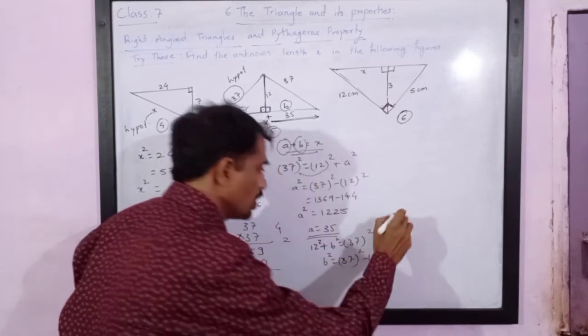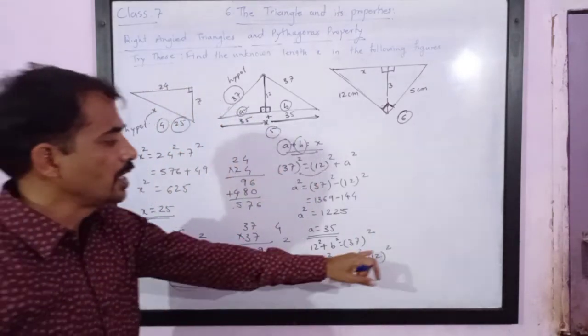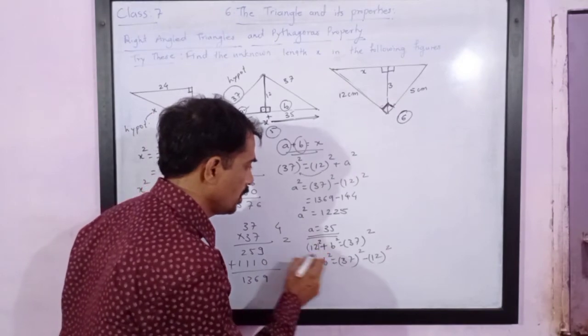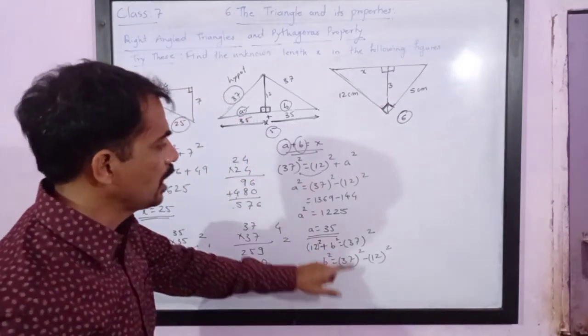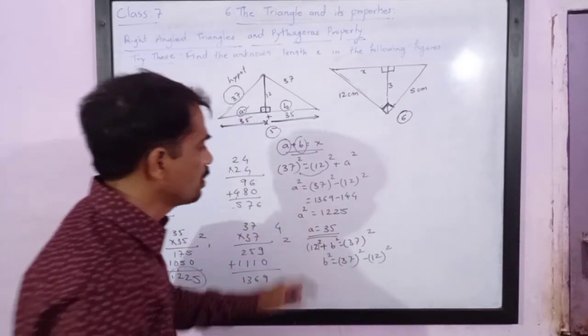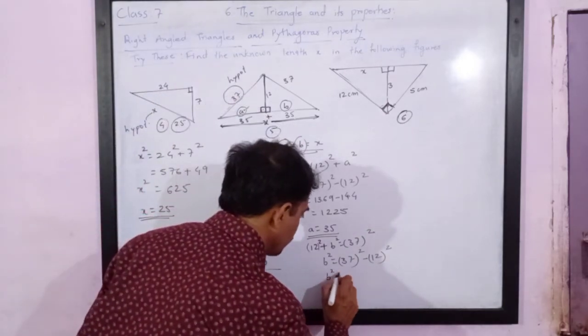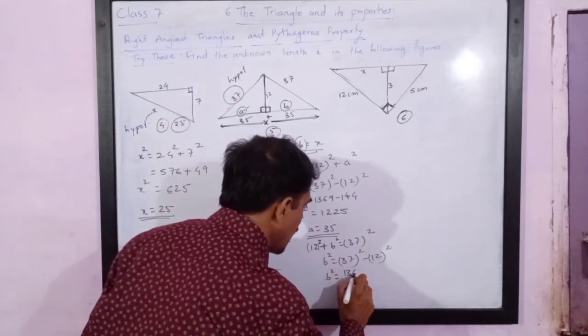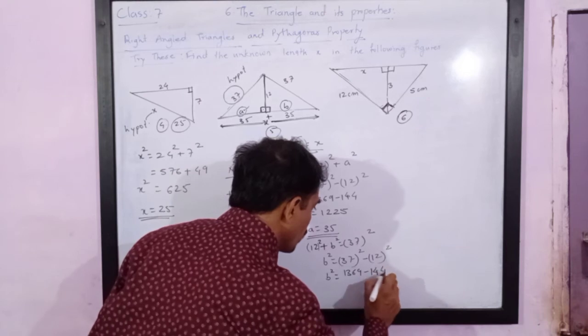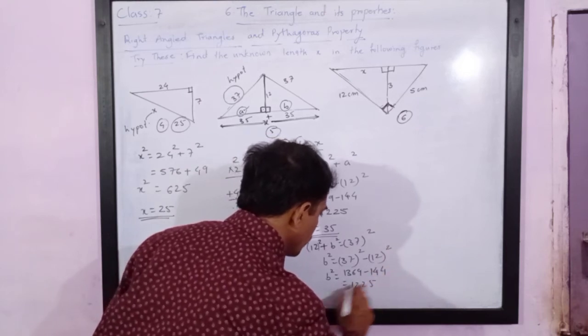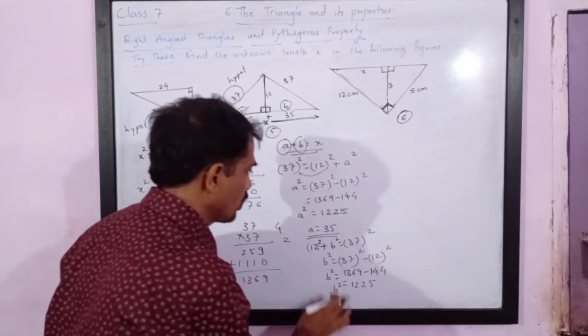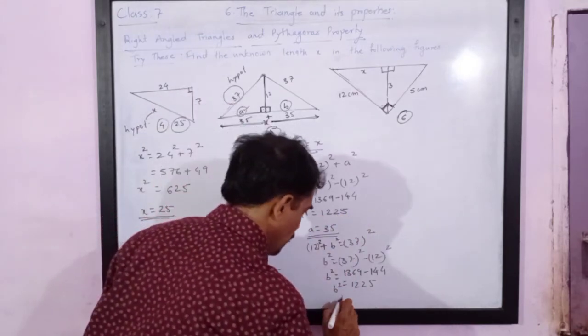If you transpose 12 square to that side, you will get negative. So you will see that you have got the same numbers. It means b square is equal to, again, 1369 minus 144, that is equal to 1225, and we already know that the square root of 1225 is 35, so b is equal to 35.